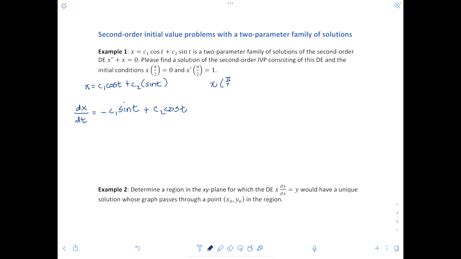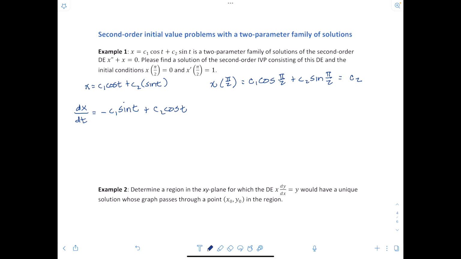All right. So looking at x evaluated at pi over 2, we just plug in pi over 2 wherever there was a t. So you'll have c1 times cosine of pi over 2 plus c2 times sine of pi over 2. Well, cosine of pi over 2 is 0, so that first term zeroes out. The second term is going to give us c2 times 1, which is just c2.